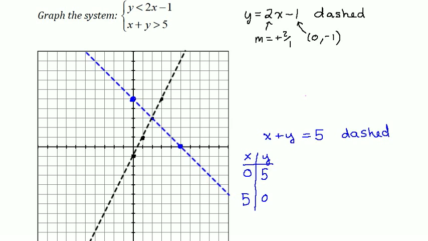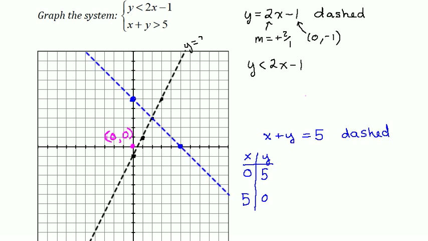Again, I need to find a test point for each line. I don't have to use the same test point for both lines, but the point 0, 0 does happen to be off of both lines, so we can use it. I'm going to plug in 0 for x and 0 for y in both of these inequalities, starting with y is less than 2x minus 1, which was my first.